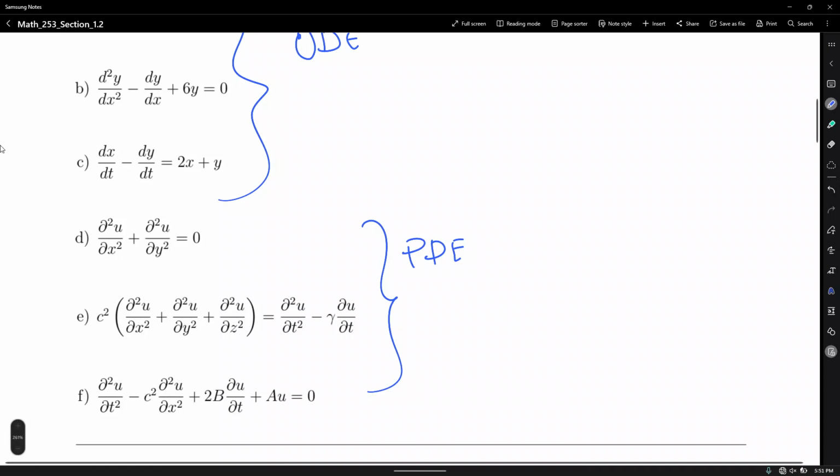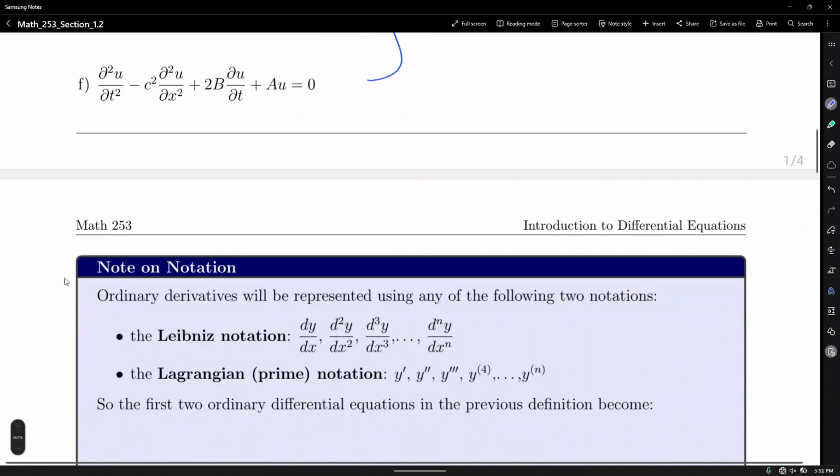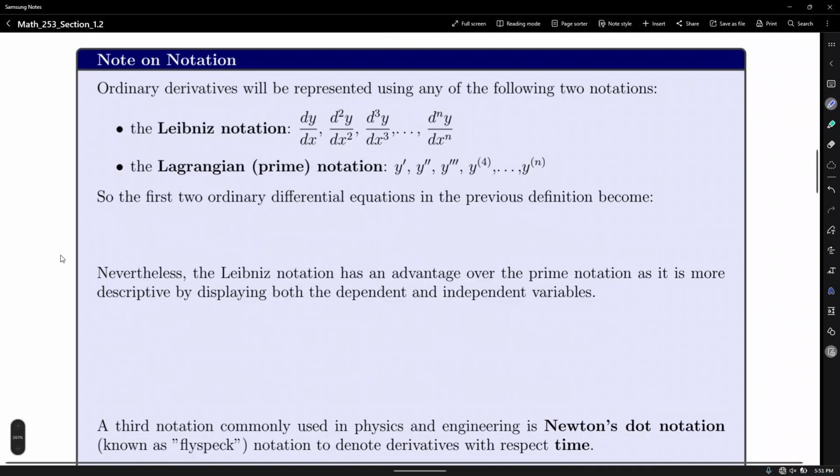So this is how we distinguish between an ordinary differential equation and a partial differential equation. Although we have to talk about notation, because there are different notations for ordinary derivatives, and also different notations for partial derivatives, okay? And that's the next page.